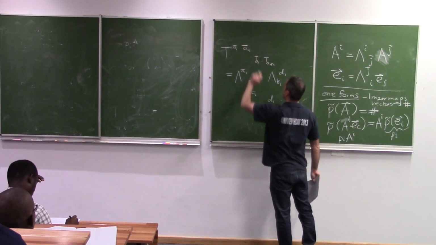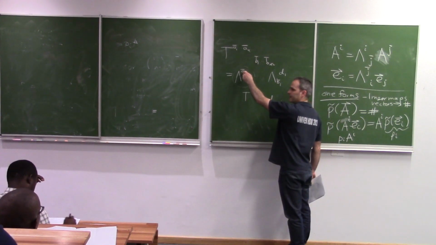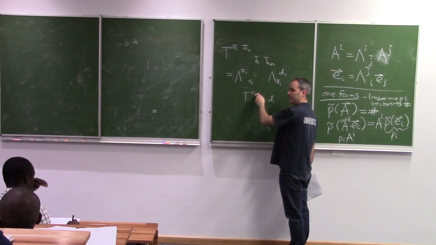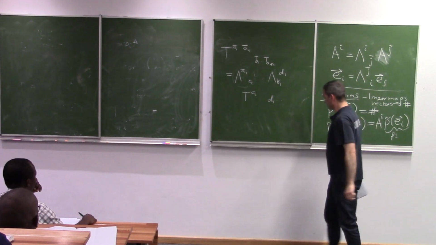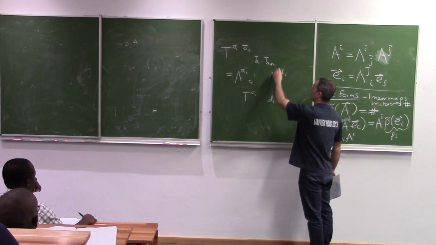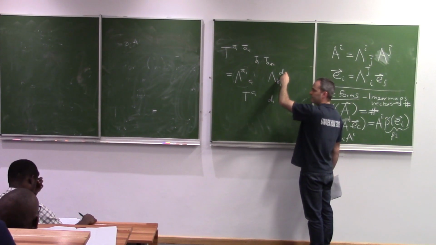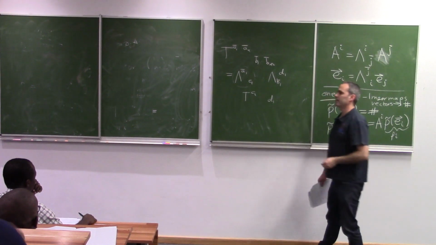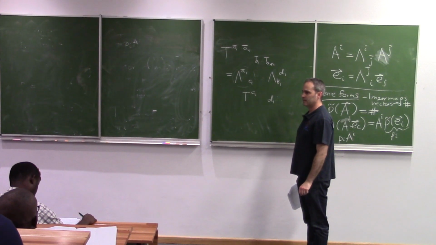So for these n indices, I've got a matrix like that, which has a barred upper index and an unbarred lower index, and that is summed with the upper index of this tensor. So these upper indices here. For each lower index, I've got a matrix like this, which has a barred lower index and an unbarred upper index, and that sums over all the lower indices. Okay. But maybe in the tutorial this afternoon we can go through that in more detail.